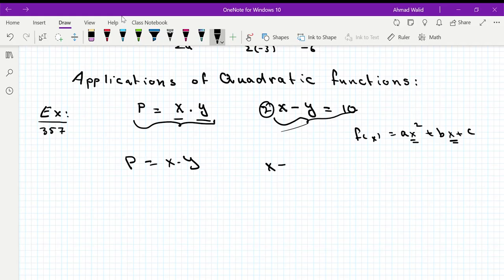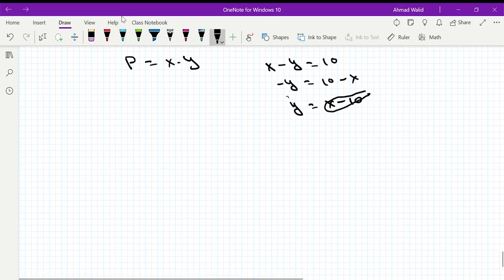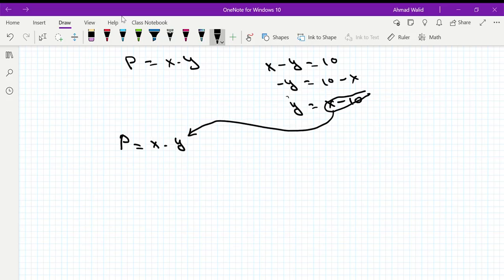Look, you have x minus y equals 10. If you solve it for y, you can write negative y equals 10 minus x, and you can write y equals x minus 10. Now, if I take the value of y and plug it into p equals x times y, I will end up with p equals x times (x minus 10).